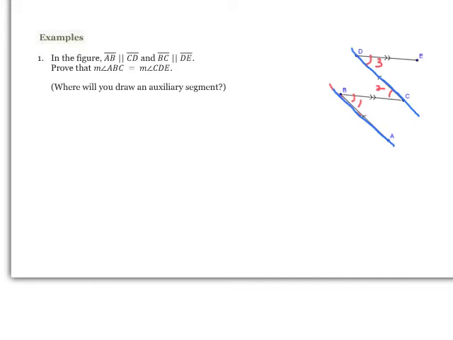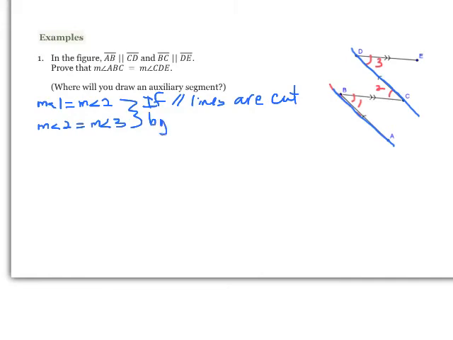So we don't have to draw any extra auxiliary lines, but we can say that the measure of angle 1 is equal to the measure of angle 2, and at the same time we can say the measure of angle 2 is equal to the measure of angle 3, because if parallel lines are cut by a transversal, alternate interior angles are equal.